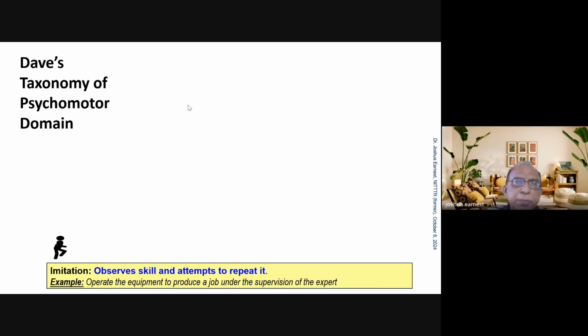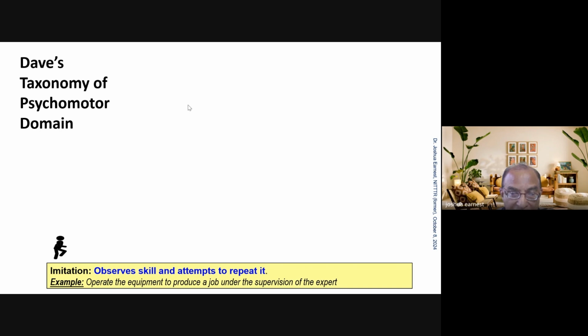There are many types of psychomotor domain taxonomy, but Dave's is the simplest and easiest for academicians to implement. Therefore, this is being used all over India, especially. Imitation means he observes the skill and attempts to repeat it. It is something like remember in revised Bloom's taxonomy.